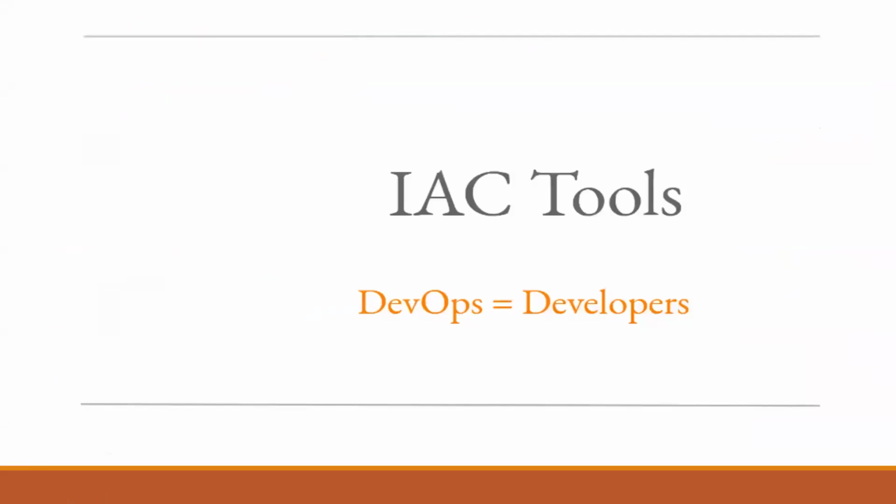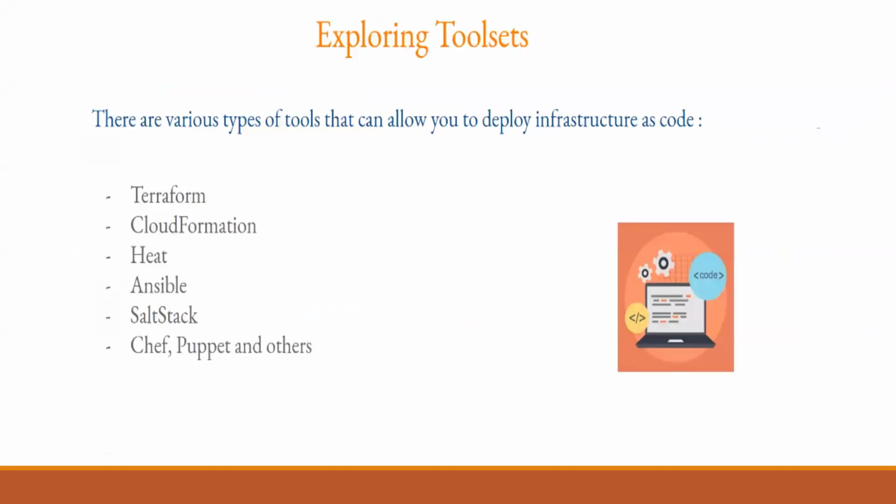IAC tool, infra as code tool. So exploring the tool sets, there are various types of tools that can allow you to deploy infrastructure as code. So what are those tools? The tools are Terraform, CloudFormation, ARM, Ansible, SaltStack, Chef, Puppet, and others.